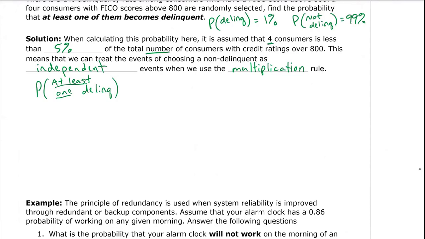It could be the second, third, fourth. You could have 2 of them be delinquent. And of course, that can happen in a lot of different places. So you don't want to worry about trying to think about all the different possibilities for one delinquent or at least one delinquent. What I would do is say, okay, let's go calculate the probability that none are delinquent.